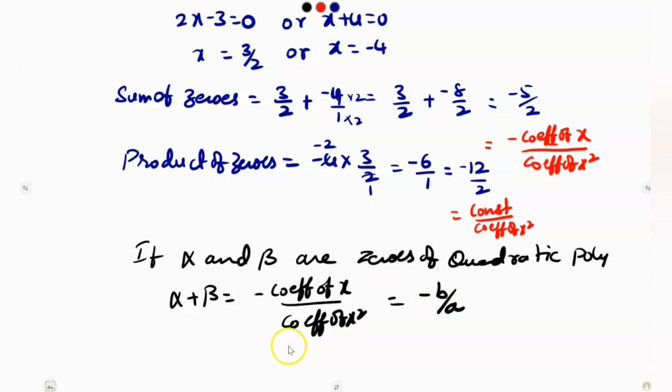Here b is the coefficient of x, so minus b by a is minus coefficient of x by coefficient of x square.